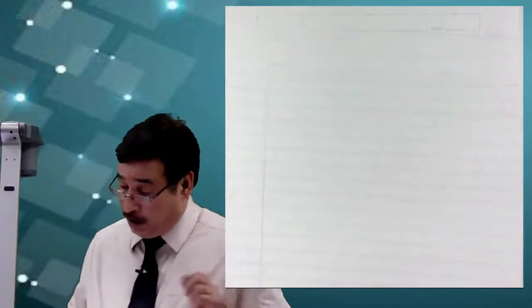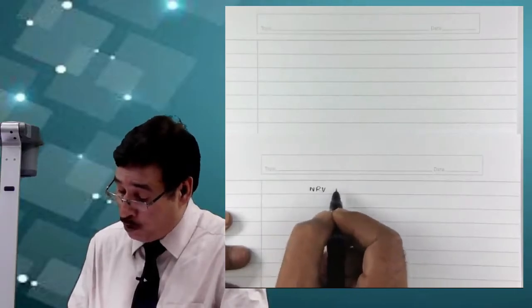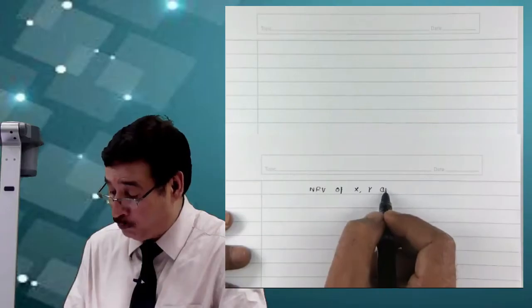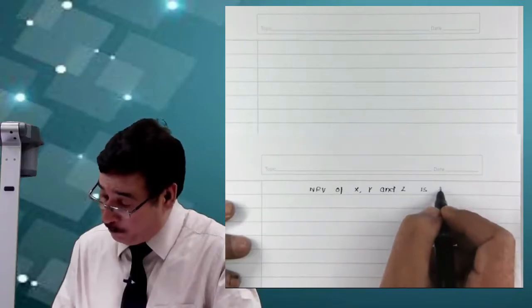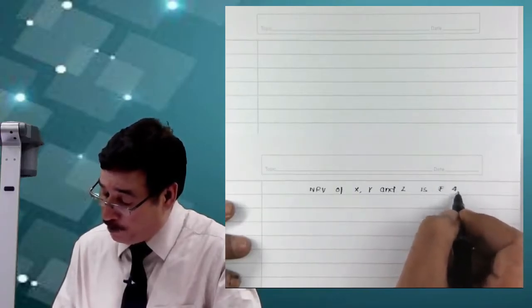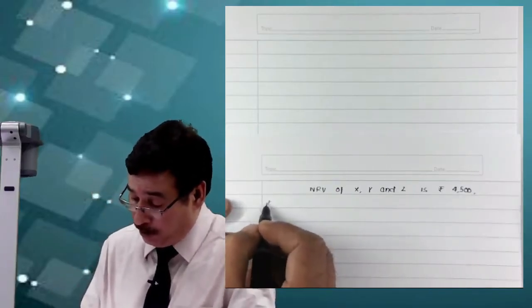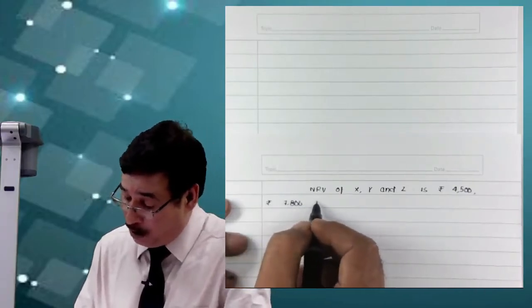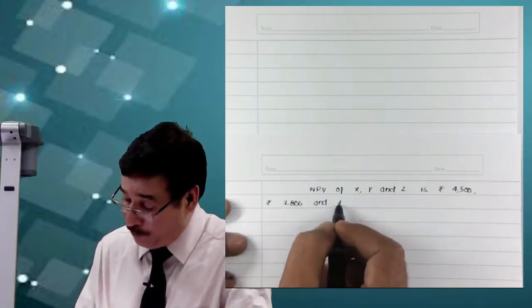I also write NRV of X, Y and Z is rupees 4,500, rupees 7,800 and rupees 2,500 respectively.